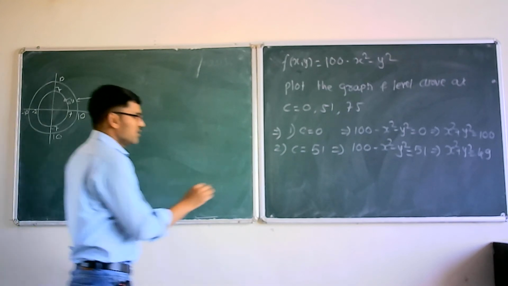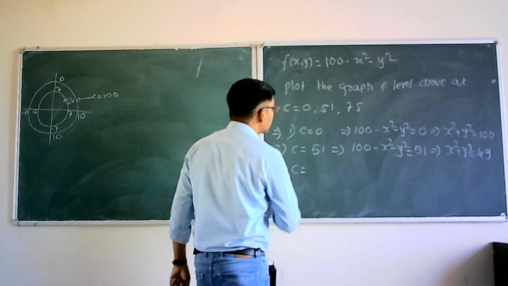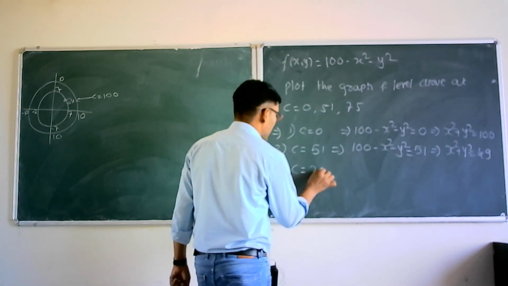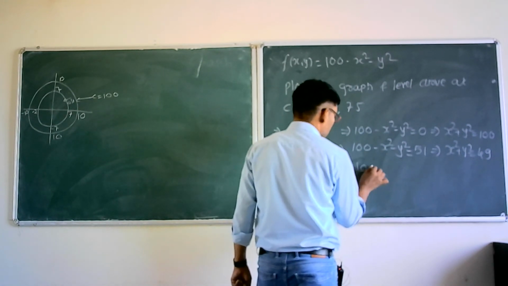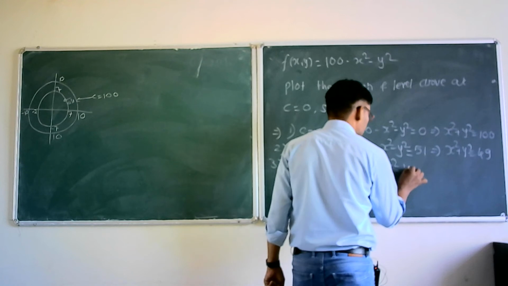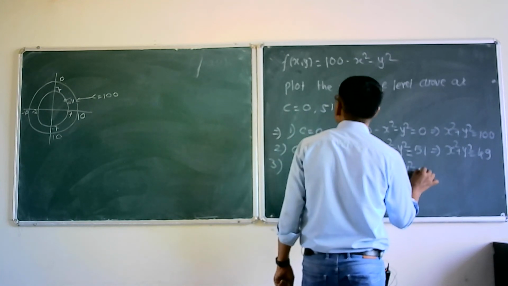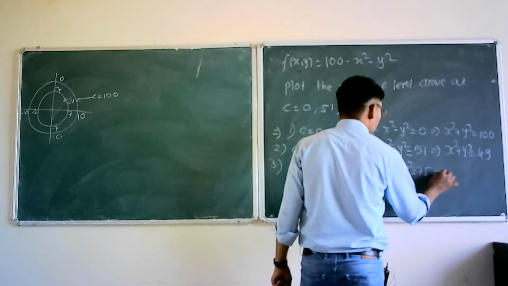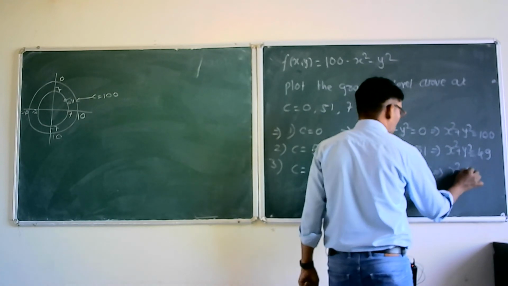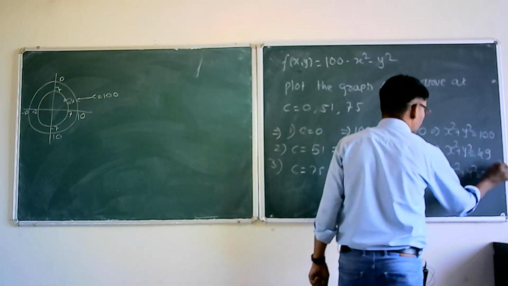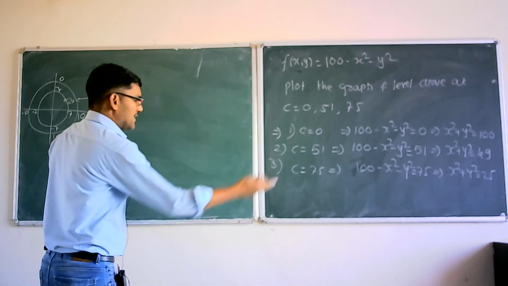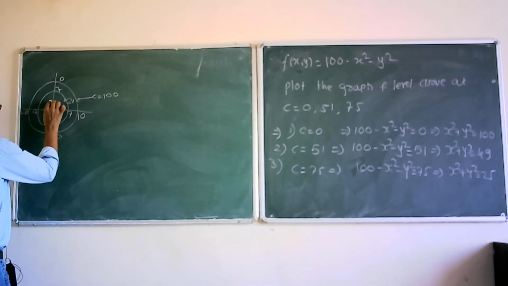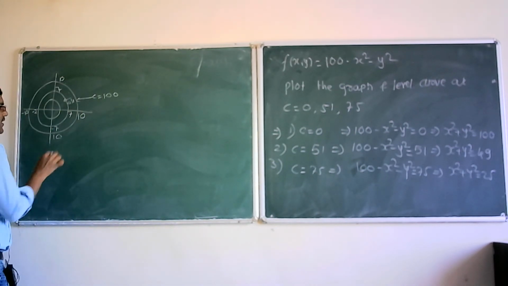Now next, number 3. If we take c is equal to 75, then 100 minus x square minus y square is equal to 75. So x square plus y square is equal to 25. This is again an equation of circle having center at origin and radius 5.